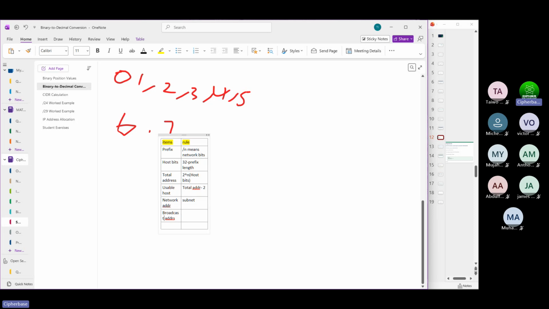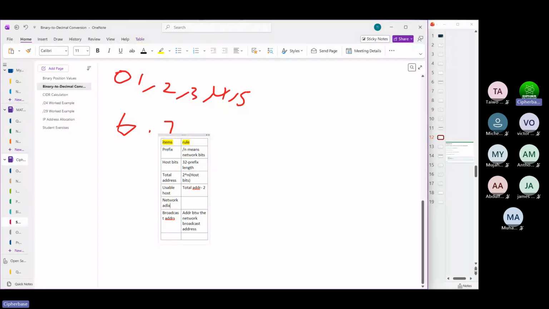Yeah. So in front of this one, of course, we have address between the network and broadcast address. This one, let me write it completely so you can understand.